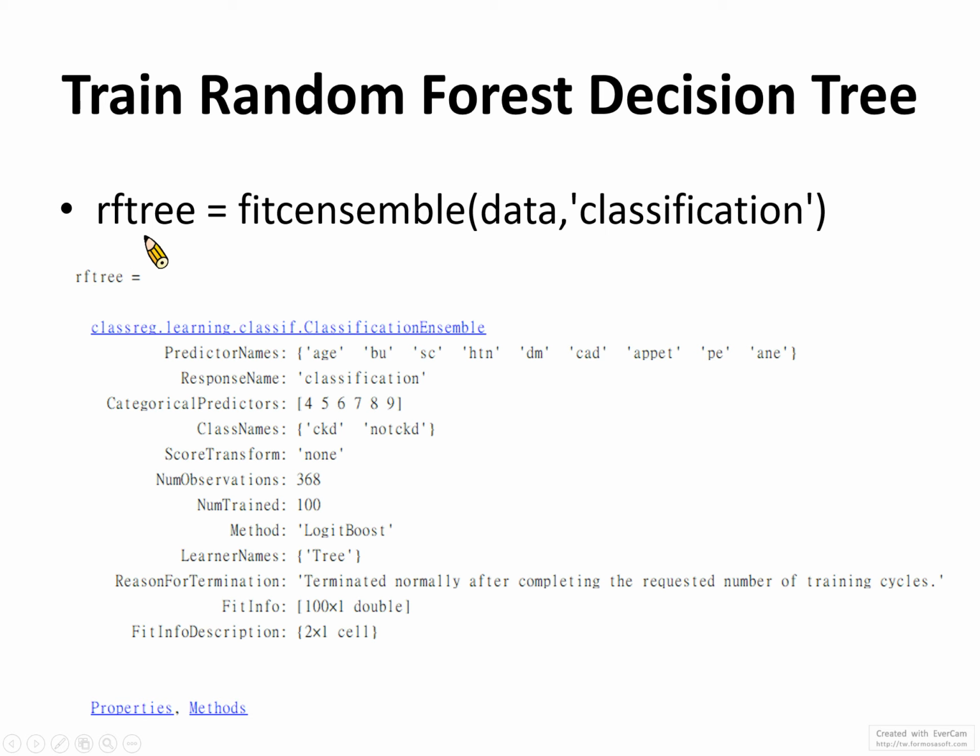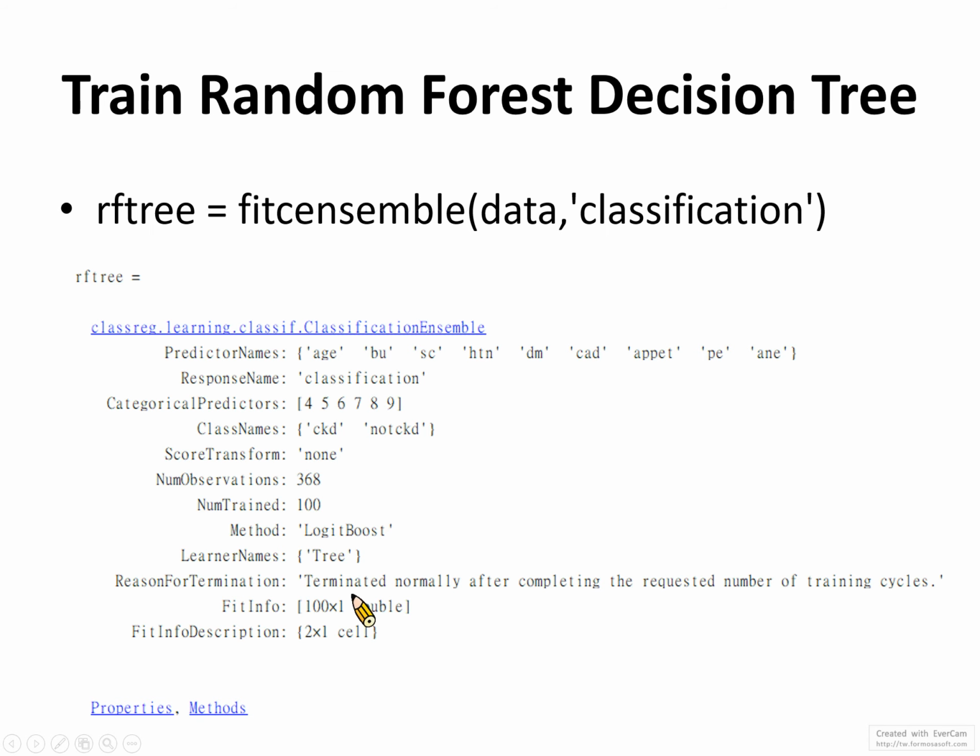If you run this command, you should be able to see these results. The difference from the simple decision tree is that we have a number of trained learners, 100 trainings of this model. Each training results in different representations, but we will find the consensus of these 100 trees.